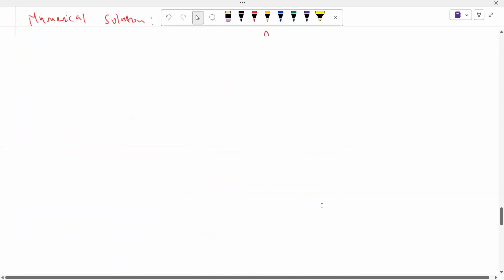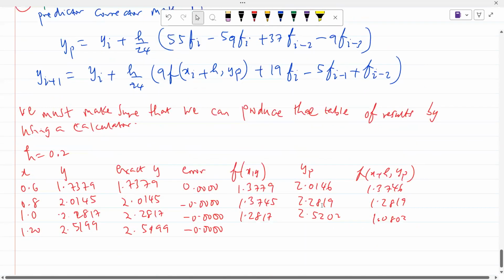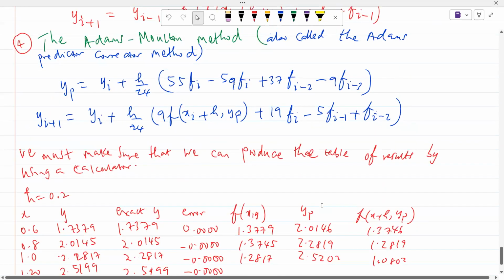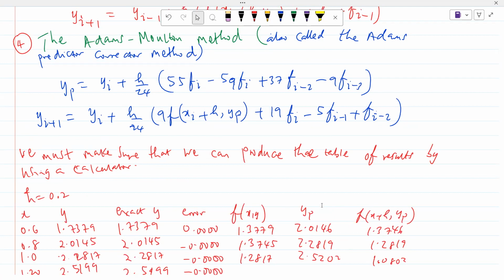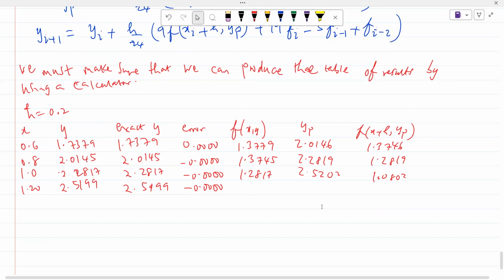For example, because we're supposed to use the Adams-Moulton, also called the Adams predictor corrector, we have the predictor and the corrector. I want to practice this with you now.